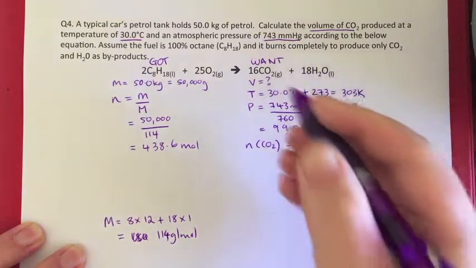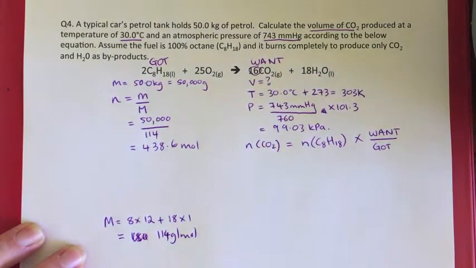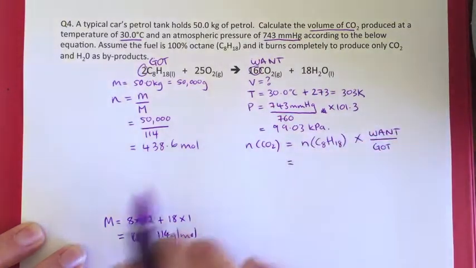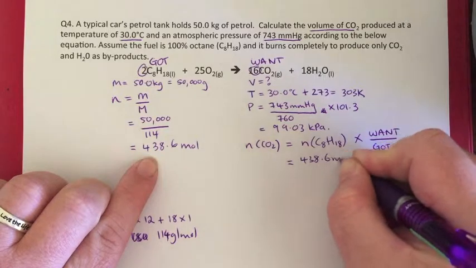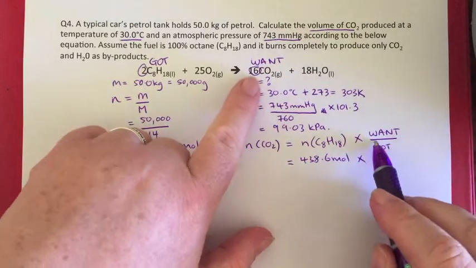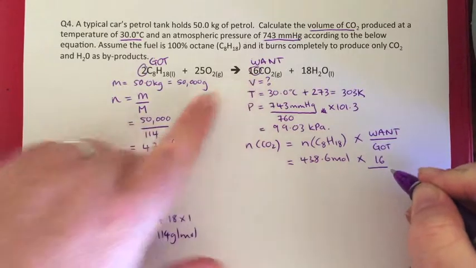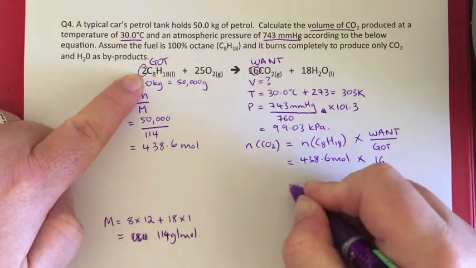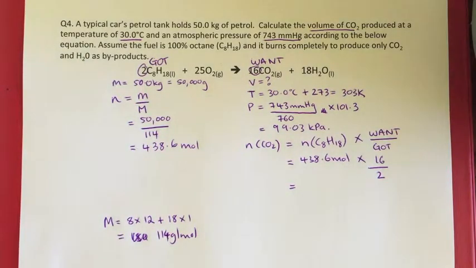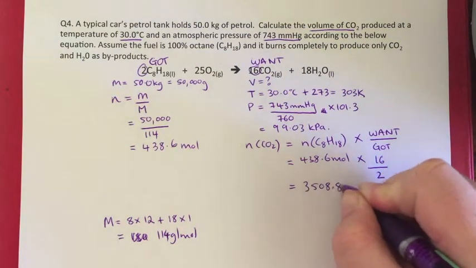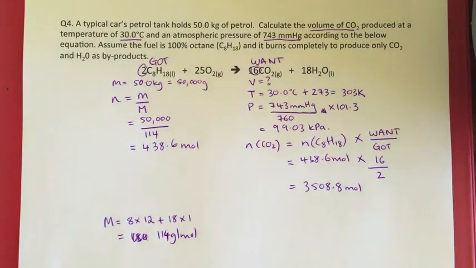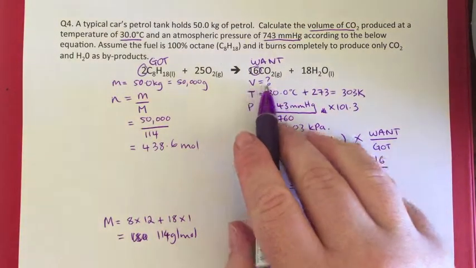Want is 16, got is 2. So we have 438.6 moles times 16 divided by 2. If we put that into our calculator, we get 3,508.8 mole.